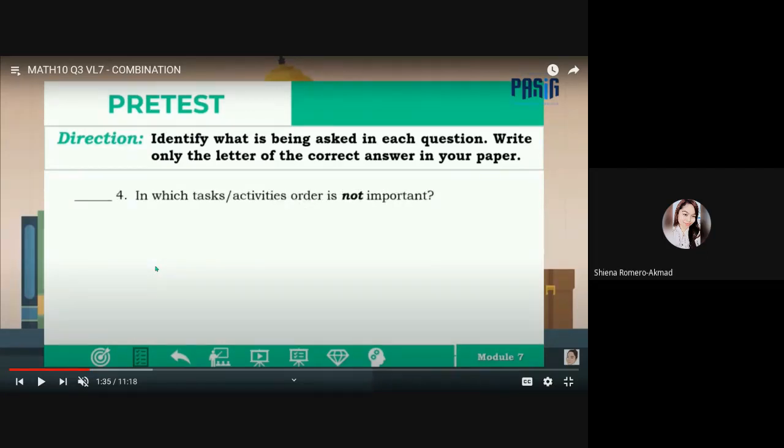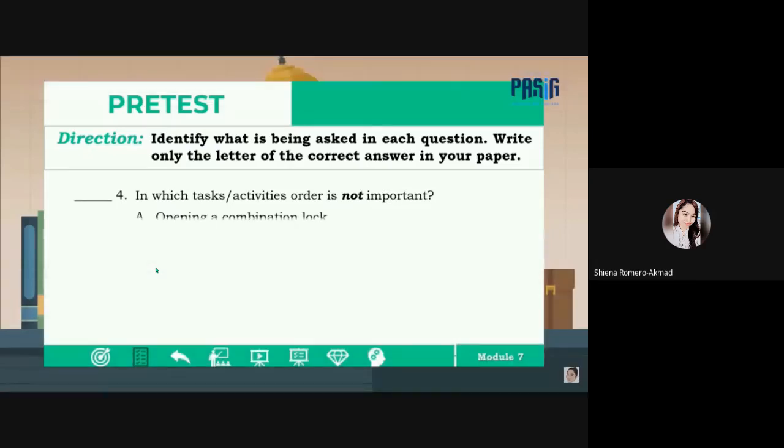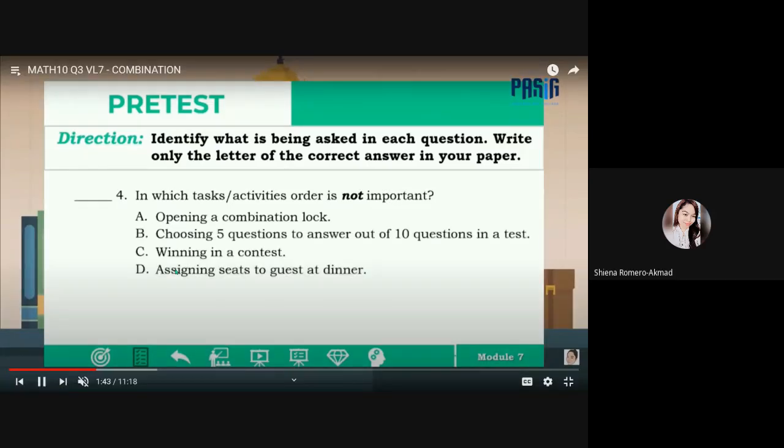Number 4, in which of the tasks or activities order is not important? Ano ba yung mga yun binigay? Is it A, opening a combination lock? B, choosing 5 questions to answer out of 10 questions in a test?